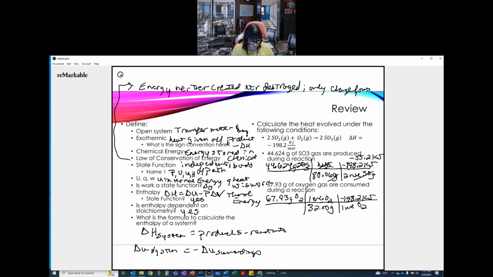So 67.93 divided by 32 times negative 198.2, and that gives me negative 421 kilojoules. Moles, grams. Okay, awesome.